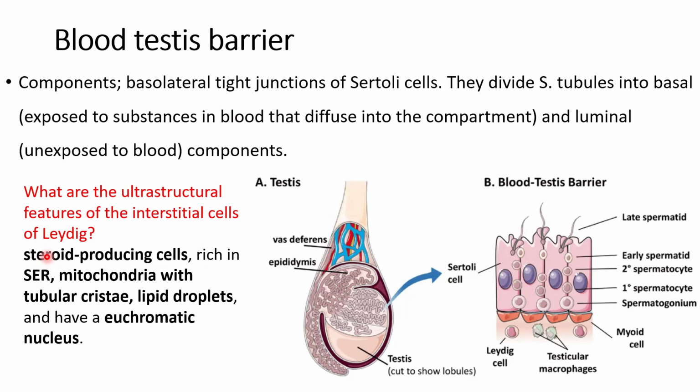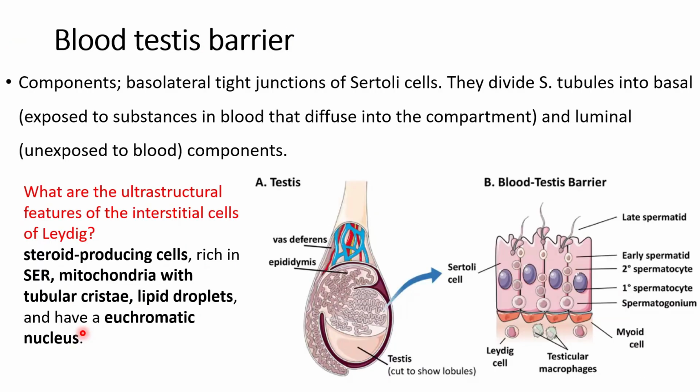They'll also contain a lot of mitochondria with tubular cristae that are highly folded, a lot of lipid droplets, and a euchromatic nucleus given the fact that they are active, and you want to store the nuclear material. So, a euchromatic nucleus.